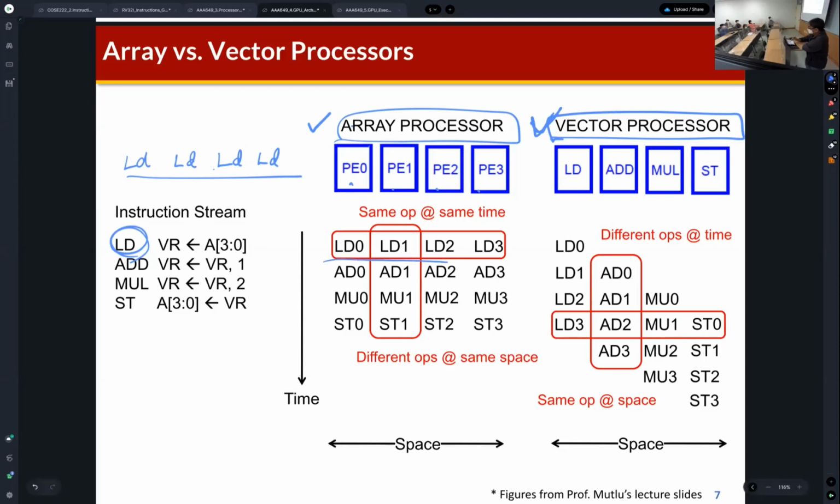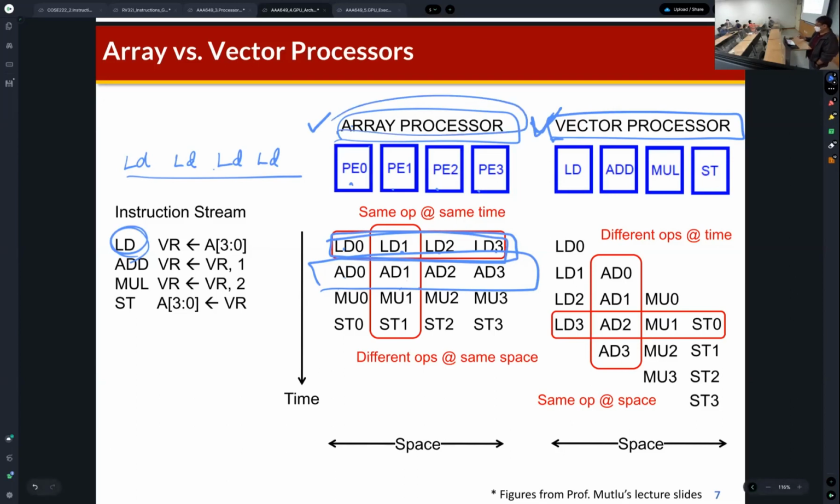At the same time, multiple execution engines execute multiple data operations concurrently. Then in the next clock, there are also 4 different add engines, and the add engines execute the 4 different add operations. This is the array processor.